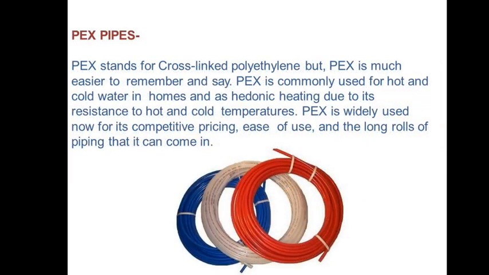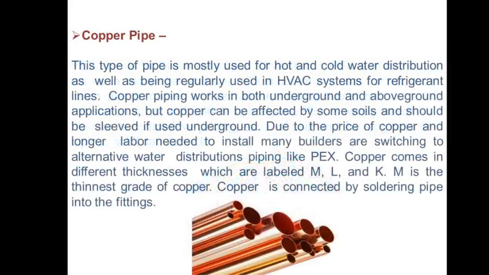Next, PEX pipe. PEX stands for cross-linked polyethylene, but PEX is much easier to remember and say. PEX is commonly used for hot and cold water in homes and for heating due to its resistance to hot and cold temperatures. PEX is widely used now for its competitive pricing, ease of use, and long rolls of piping. Then copper pipes.